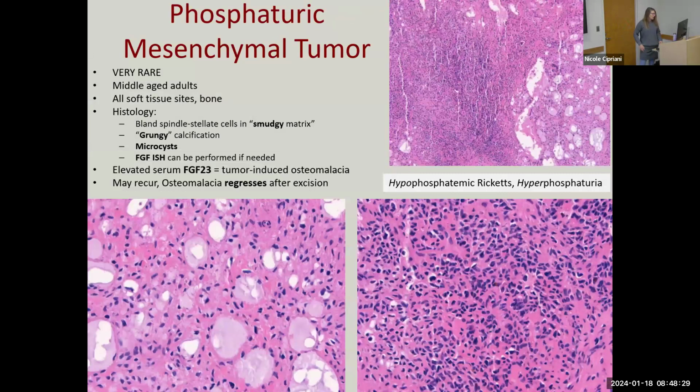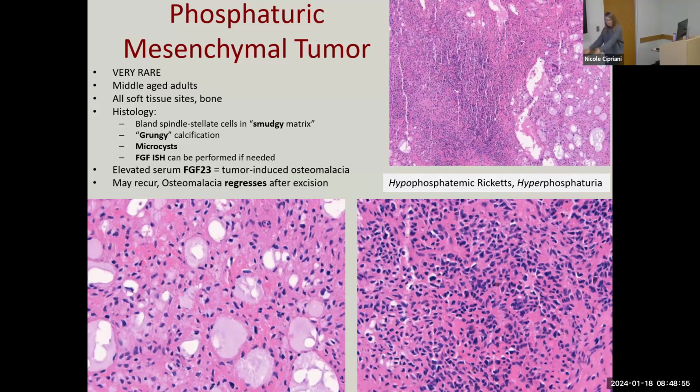Okay. Another super rare bird that often eludes diagnosis is phosphaturic mesenchymal tumor. It's really easy to diagnose if the patient has known essentially a clinical picture of rickets, which is osteomalacia, right, which is hypophosphatemia, right, and phosphaturia, right?